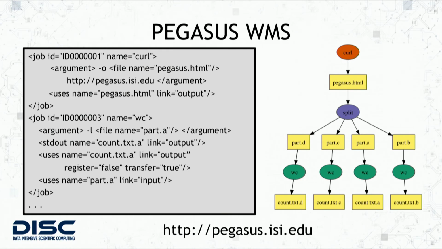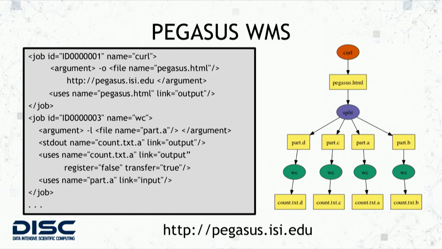The Pegasus workflow management system is highly effective at managing large DAGs that move data around the wide area. With Pegasus, you generate a DAG in an abstract form known as DAX, D-A-X. And this is an example of the DAX language here. In DAX, you define jobs, and just like any other language, they have inputs and outputs and define a command. But they refer to files abstractly.